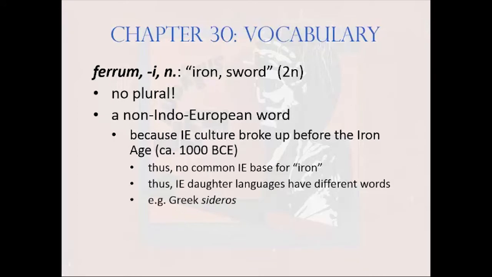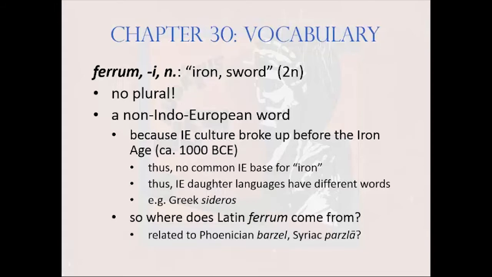Greek, for instance, adopted the word sideros, obviously no connection there to ferrum. Where the Romans got ferrum is not entirely clear, perhaps from a Semitic base seen in Phoenician barzel and Syriac parzla. But how? From some visiting Palestinian metal merchant? Why not borrow the word from a neighbor?